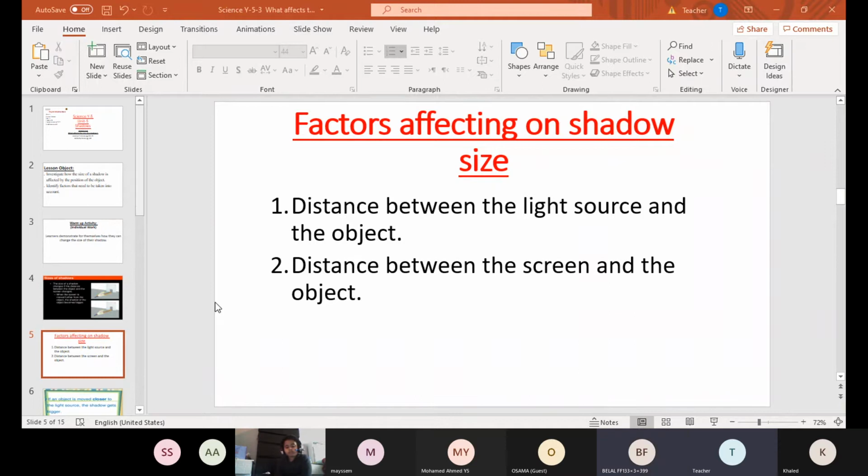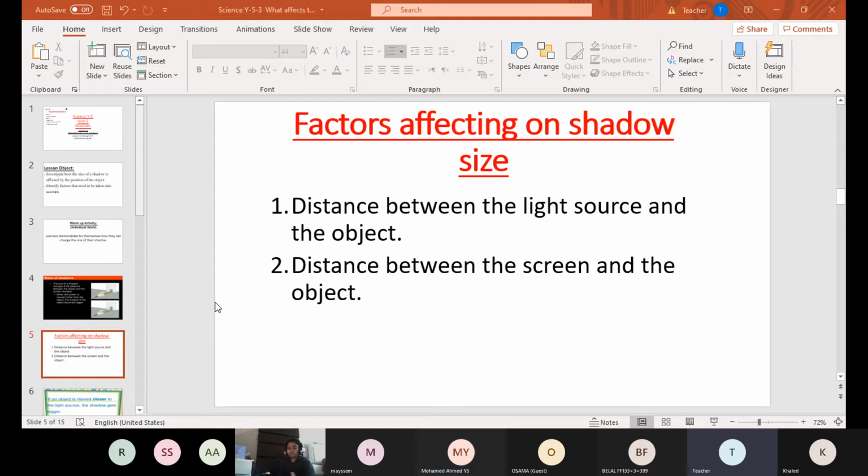So we will get the right answers there. So we have the controlled things, and what we change. This is the controlled factors. Now, go further.